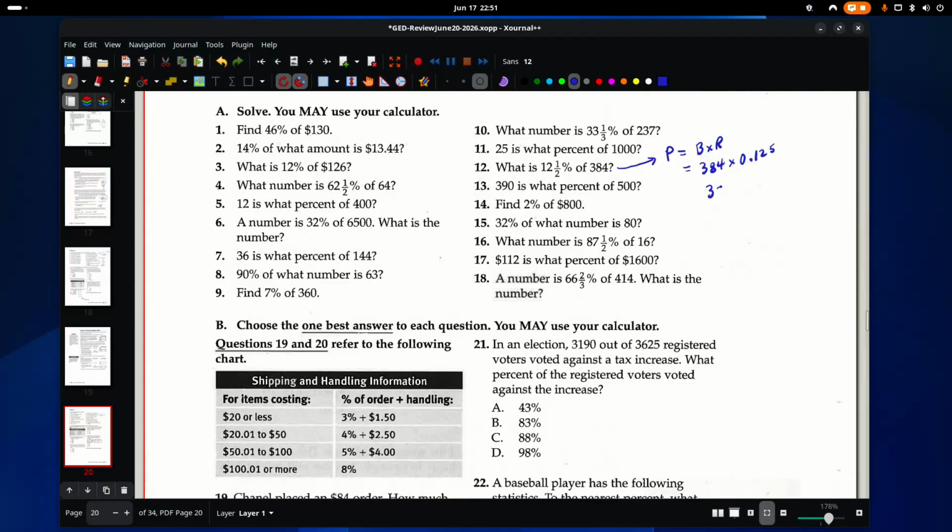So 384 times 0.125. So we have 5 times 4 gives us 20. So we'll carry the 2 up here. 5 times 8 is 40, and then that gives us 42. So 2 here and 4 here. And we go 5 times 3 is 15, plus 4 is 19. 9 there, 1 there.